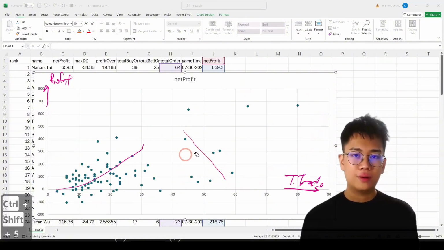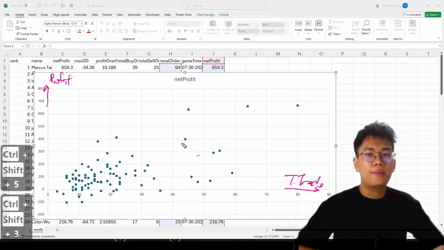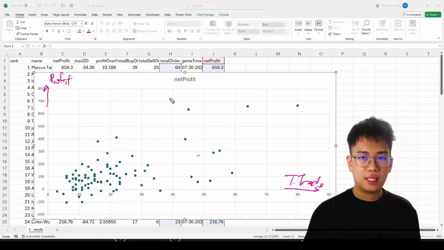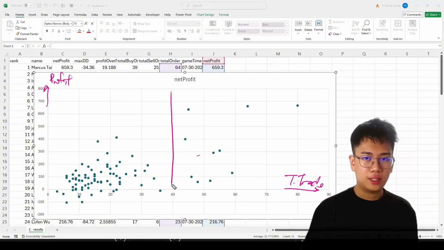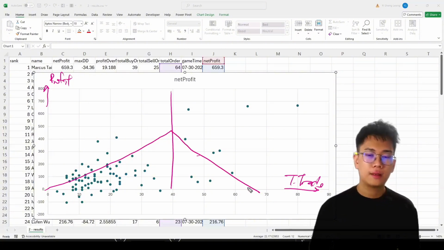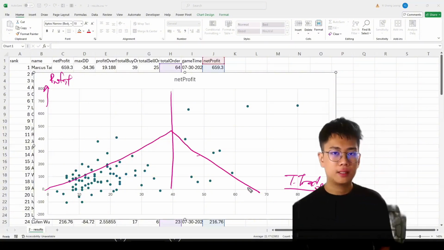If I take the big data of everyone, there ends up being a cutoff point in between here. Usually when I have more than 100 of you do the trade all together, the trend looks something like this: up, then at this point it starts to come down. What does this mean?